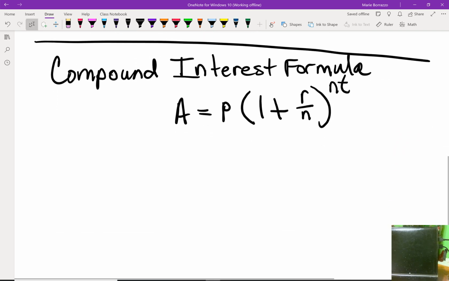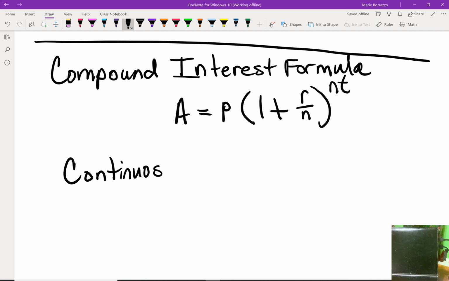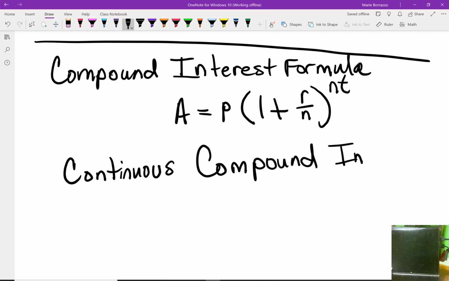After all of that, they also remind you of the continuously compounding interest formula.